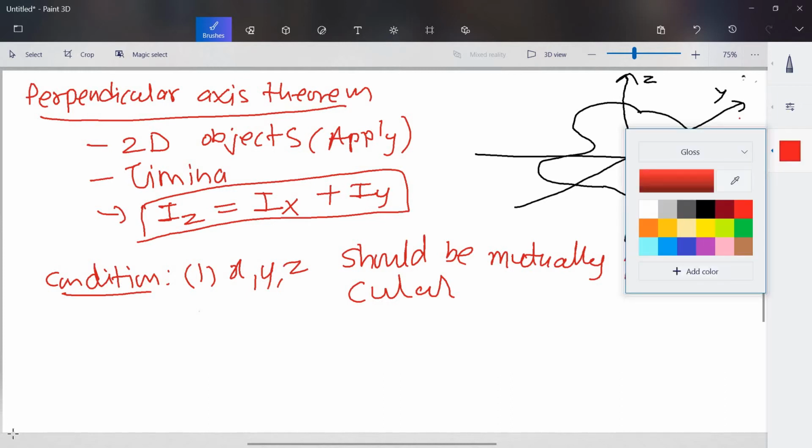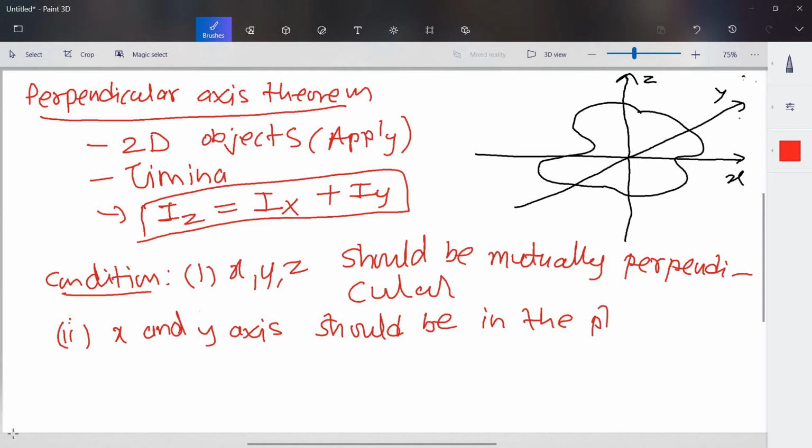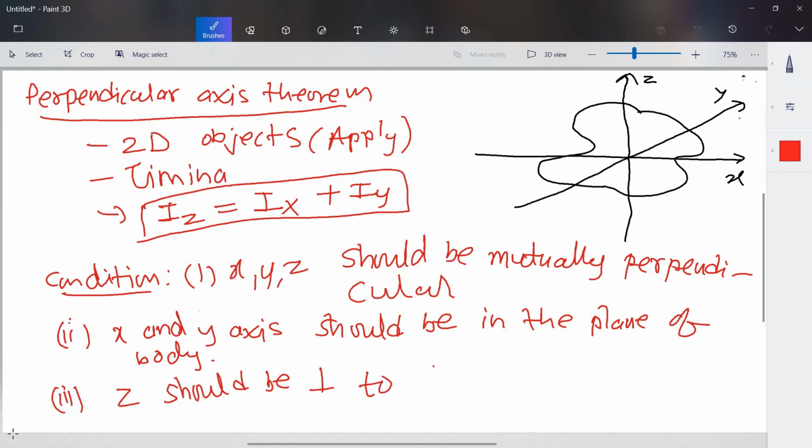Next, the second point, which is very important, you should remember this: x and y axis should be in the plane of the body. And the third thing is that z should be perpendicular to the plane of the body.